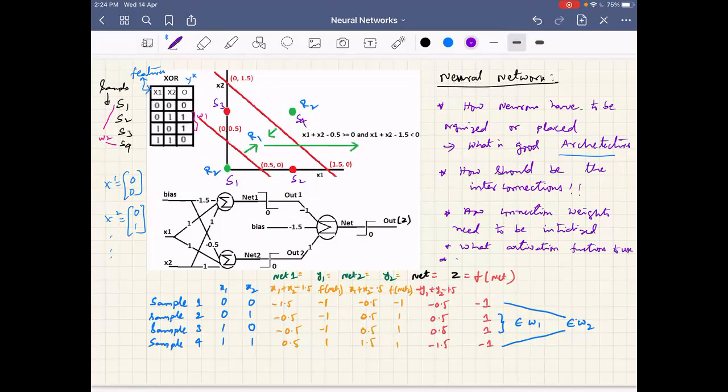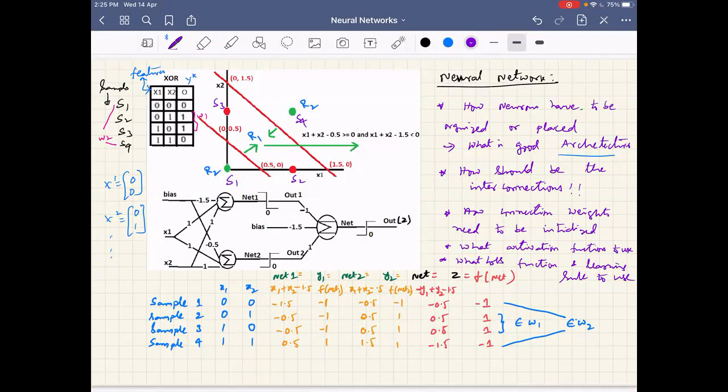And further, what loss function and learning rule. These are all important questions. What kind of loss function and learning rule should be used to train this network? So we need to see these again in the context of a neural network.